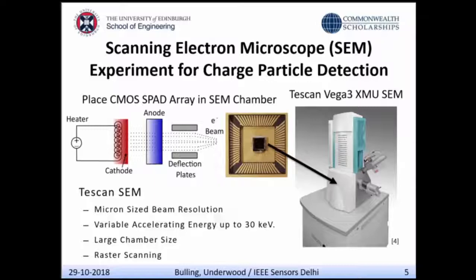It allows for micron beam resolution, so we can microfocus the electron beam. It has variable accelerating energies up to 30 keV, so not very high energies. It has a large chamber size, so if you need to put all the electronics and periphery inside, that's possible. It also raster scans from left to right, so we should see that raster pattern in the experiment.